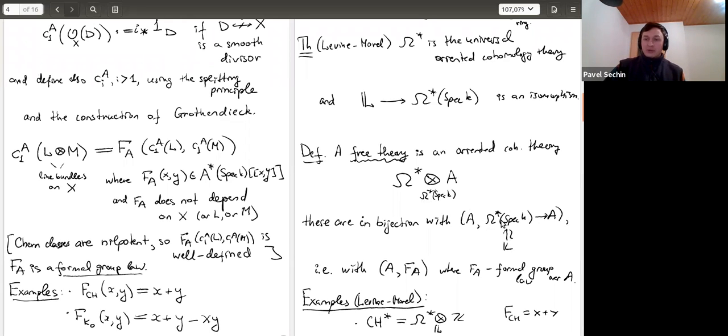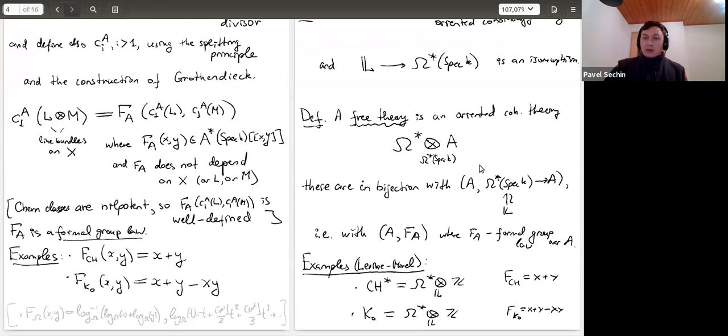But we know now that this is isomorphic to the Lazard ring, and therefore defining this map is the same as defining the map from the Lazard ring to A, and therefore it's the same as defining the formal group law over the ring A. Well, and you have to check then that after you perform this construction, you will still have an oriented cohomology theory satisfying all the axioms we have said. That's not hard, and you have to check that the formal group law that is associated to that is precisely this F_A. Again, it's not hard, but well.